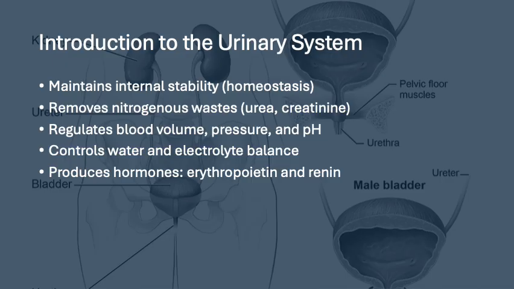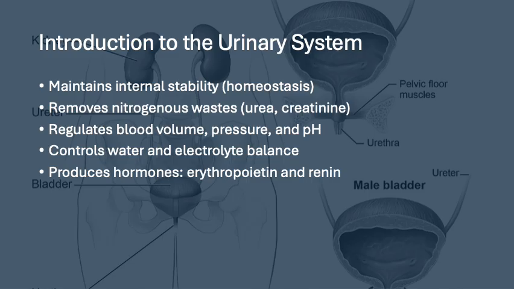The urinary system plays a central role in maintaining the body's internal balance. One of its key responsibilities is filtering the blood to remove metabolic waste like urea and creatinine, which are byproducts of protein metabolism. In addition to excreting these wastes, the system tightly regulates blood volume and pressure through water retention or elimination, and the release of hormones like renin.